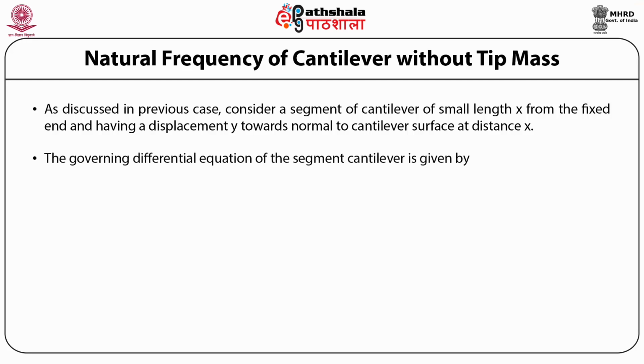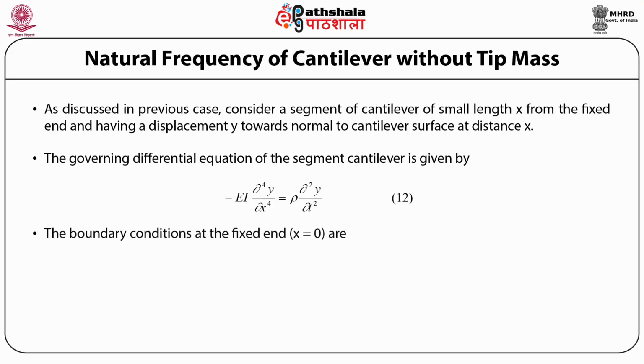The governing differential equation of the cantilever segment is given as minus EI del to power 4 y by del x to power 4 is equal to rho times del square y by del t square. Now the boundary conditions at the fixed end x is equal to 0 are y is 0 at x is equal to 0, and the first derivative is 0 at x is equal to 0.